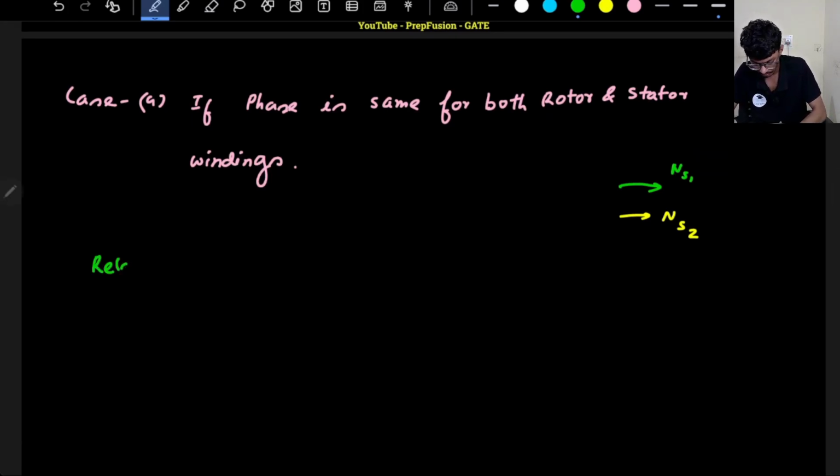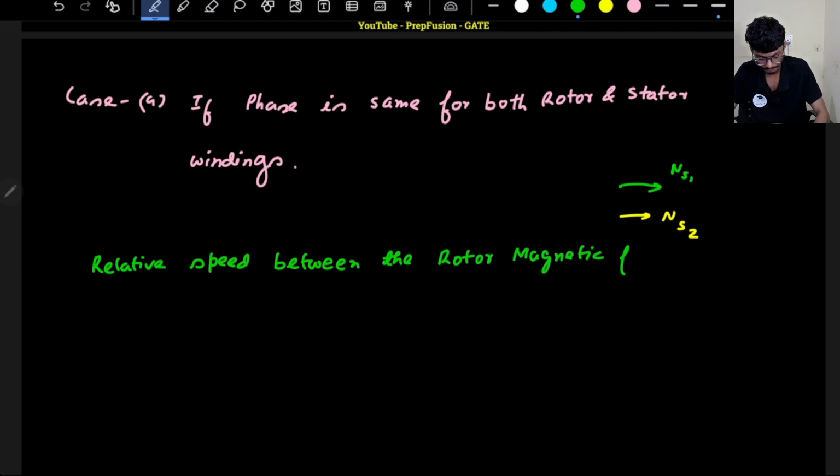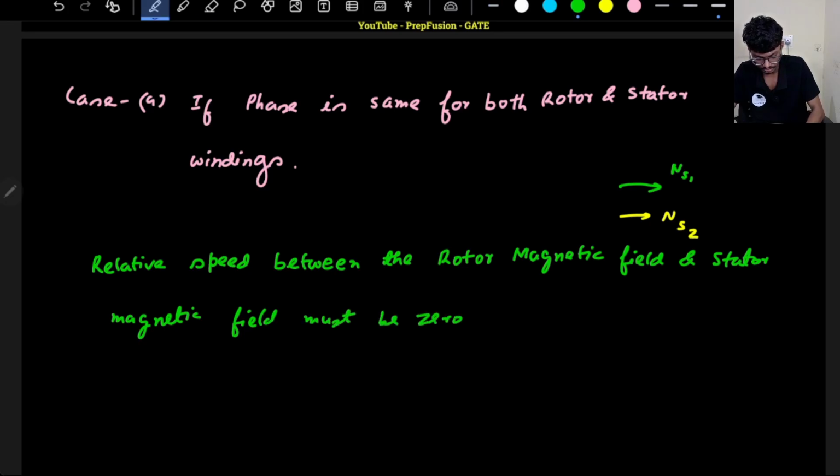The relative speed between the rotor magnetic field and the stator magnetic field must be 0.